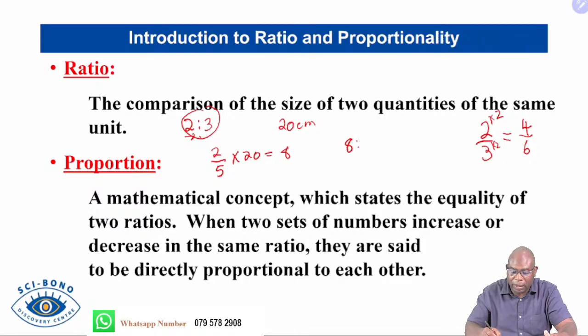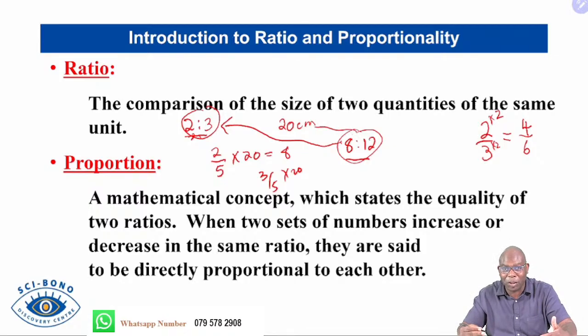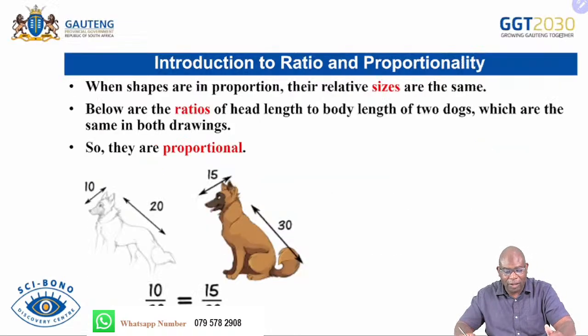And for the other part, I can use 3 over 5. I multiply that one by 20 again, and I'm going to get 12. So this and that are the same, but in its simplest form, it will be 2 is to 3 for the 20. If you look at these two numbers, if I add them, I'm going to get 20. So that's how we use the ratio. We did this in grade 9, so I'm just reminding you of this.